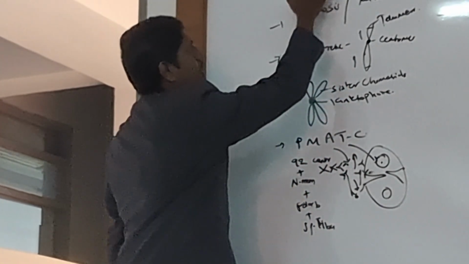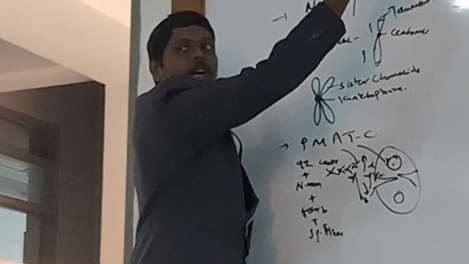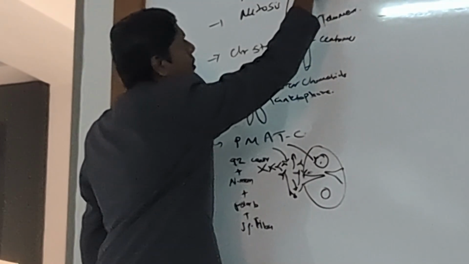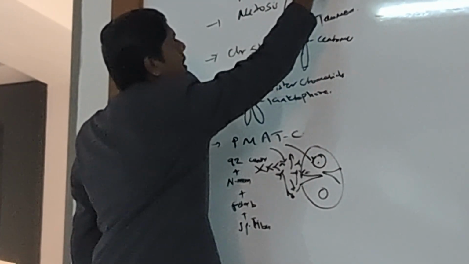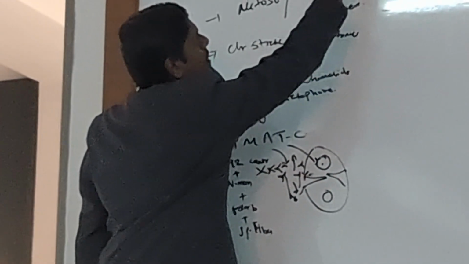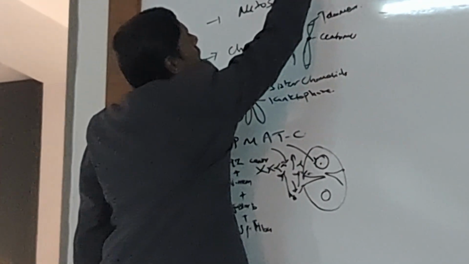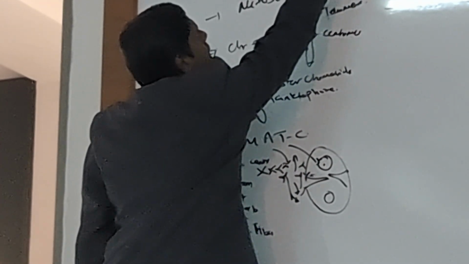In mitosis, first it will go to 92, then it will split to 46, 46. In meiosis, what happens? First 92, it will go for meiosis 1, 46, 46, and in meiosis 2, this will occur in 23, 23, 23, 23.